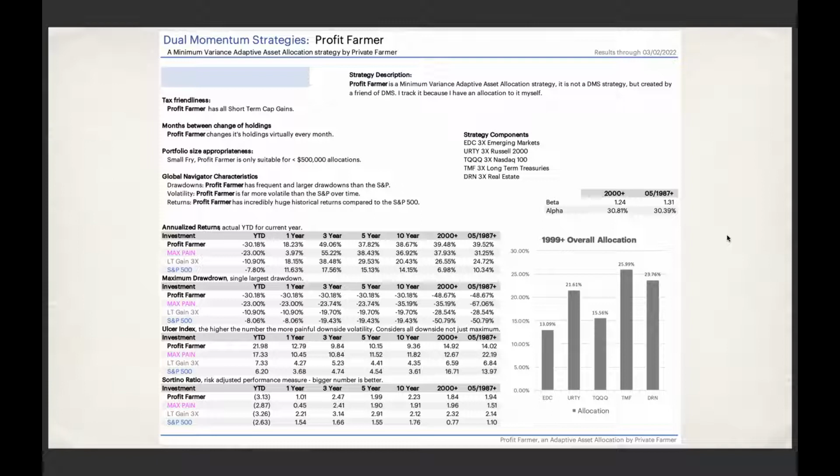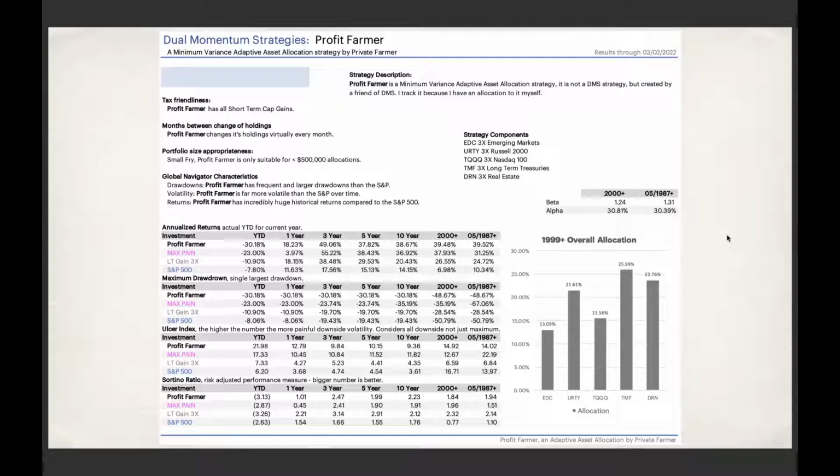If you look from the column of May 1987 forward, and that's an odd date for my strategies. You know, I try to go 1980 forward. I just don't have the ability to do Profit Farmer before this date. But if you can imagine, it has returned almost 40% from the middle of '87 forward, which is just mind-boggling to me.